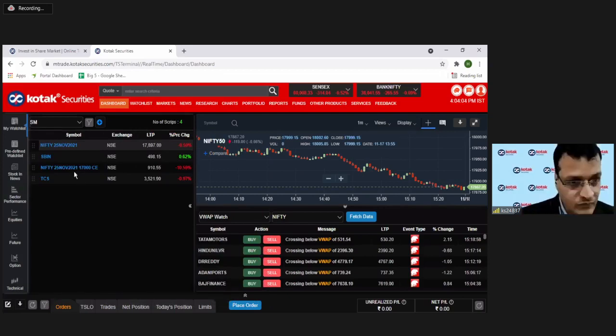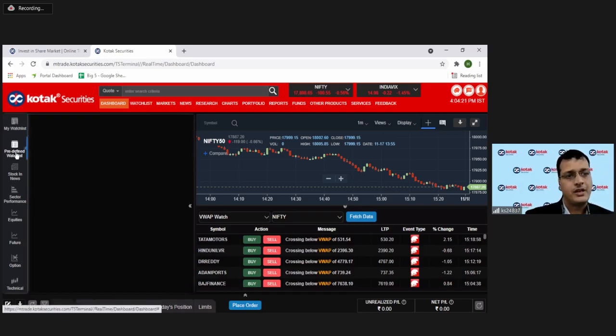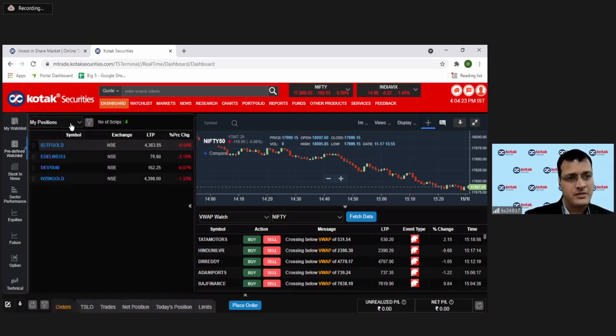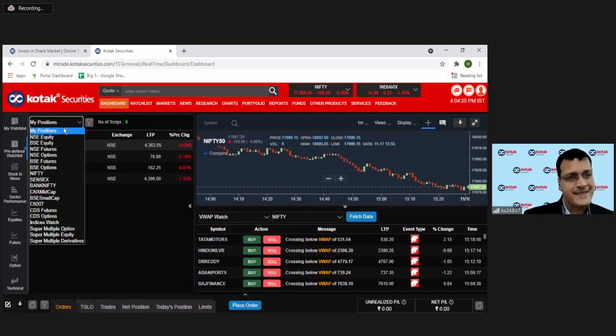You can either create your own watch list, or there are predefined watch lists as well. If you don't want to go to your created watch list, you can directly go to a predefined watch list. Over here you can see NSE equity, BSE equity, NSE options, futures, options.